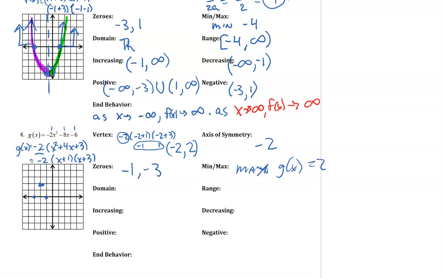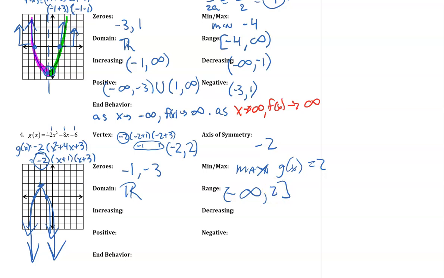The domain. Well, let's go ahead and draw in our parabola. There's how that negative 2 works. It's steeper and downward. So our domain is all real numbers. Our range, well, our range will go from negative infinity up to positive 2.